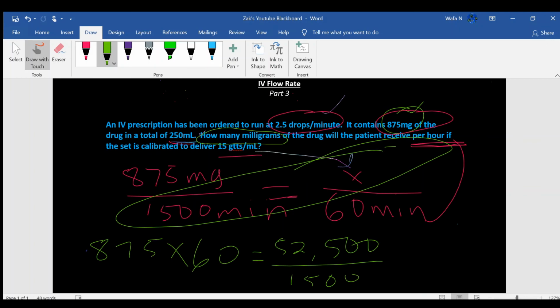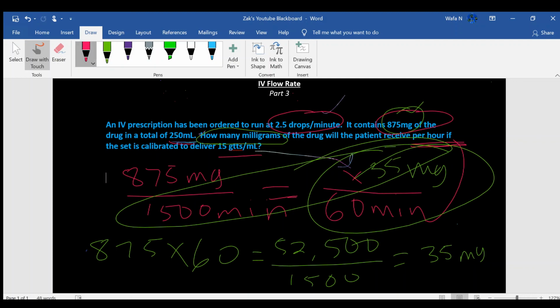I'm going to divide this by 1,500, and what we get when we do this is 35 milligrams. So what I got for x is 35 mg per hour. So the answer to the problem is 35 milligrams per 1 hour. That 1 hour is the same as 60 minutes down here.